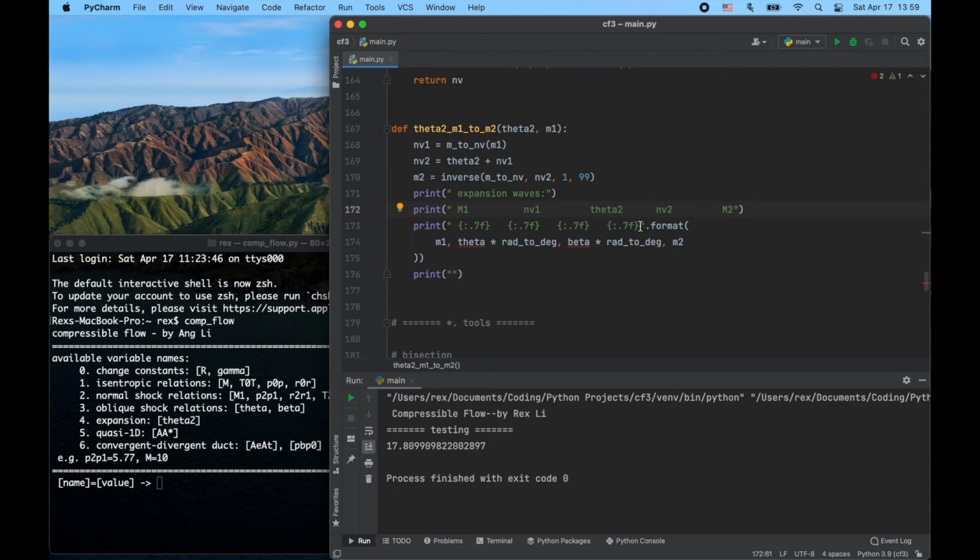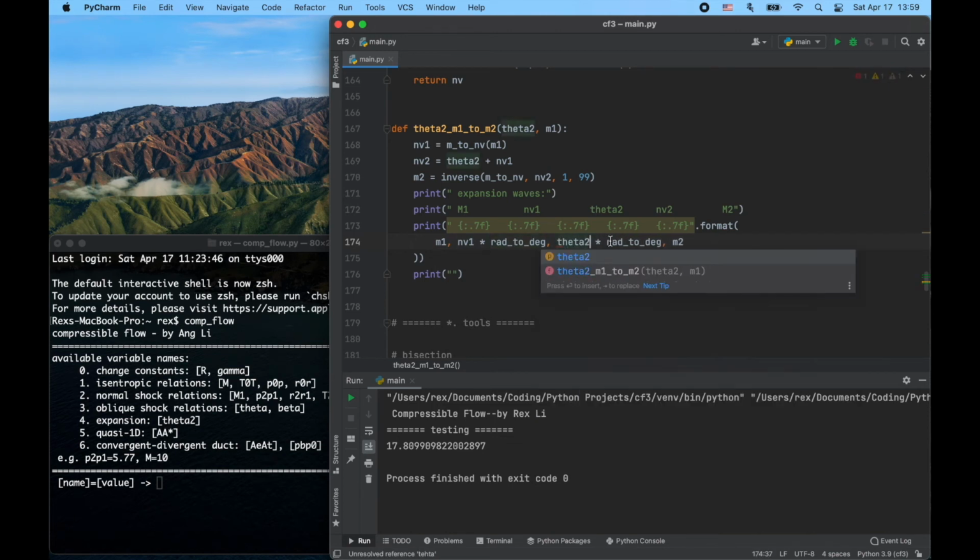So we will have 5 values. They are going to be M1, nu 1, theta 2, and nu 2. Finally, M2. All right, let's test it.